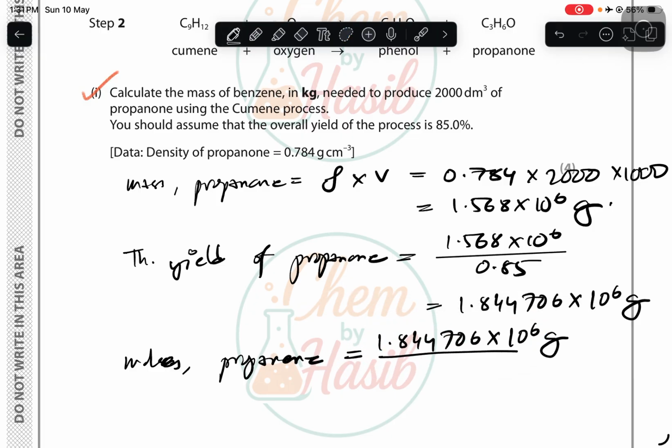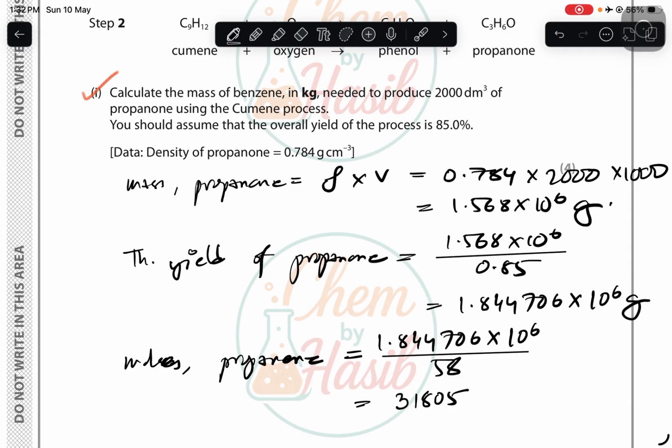Now the molar mass of propanol is 12 plus 16 plus 30. 12 plus 16 plus 30 is 58. So divide by 58. This gives you 31805 moles. Okay.